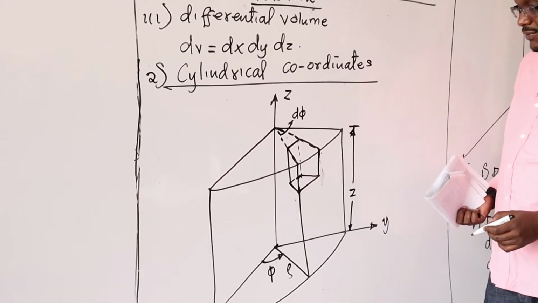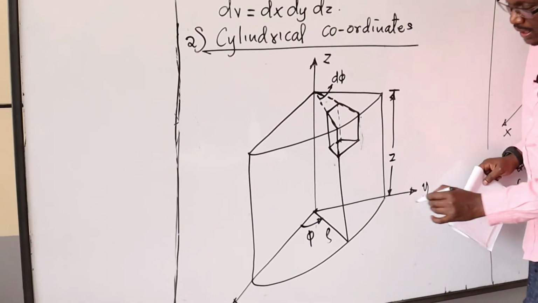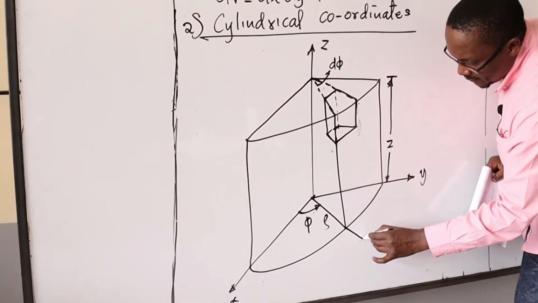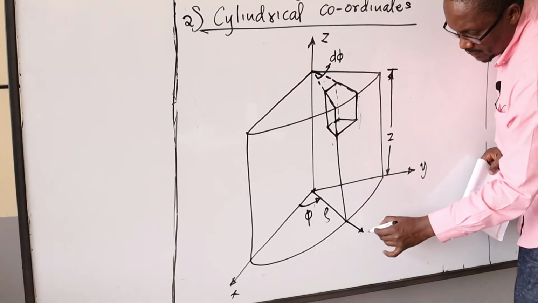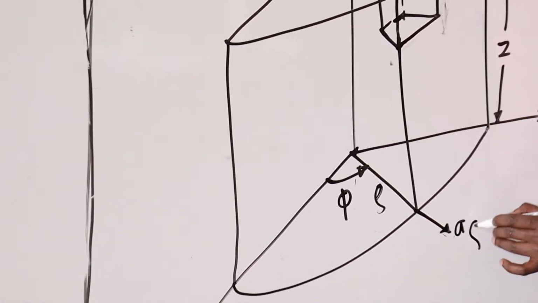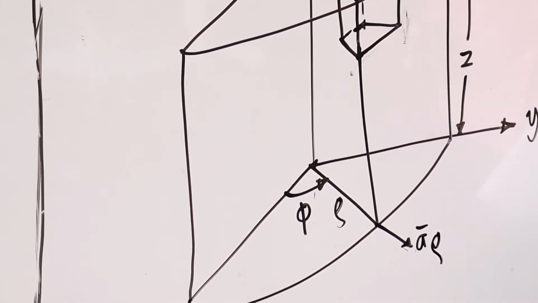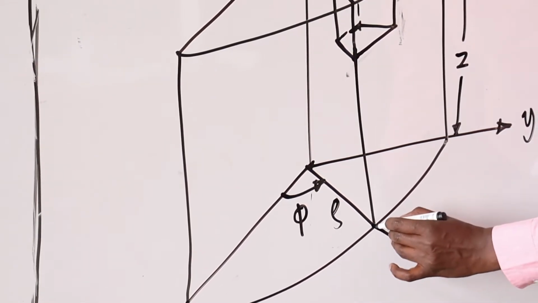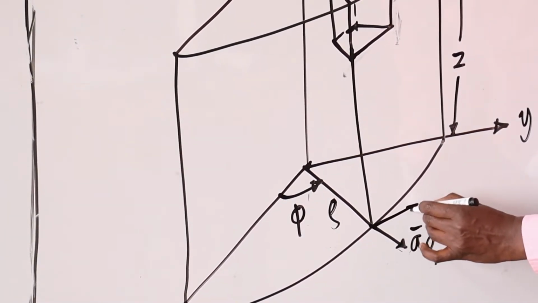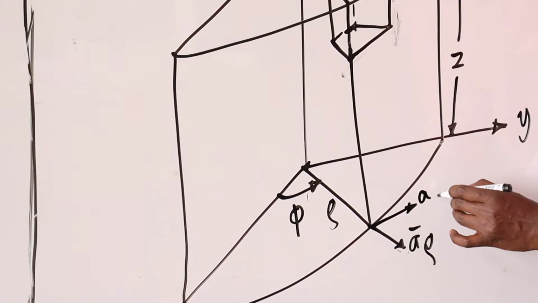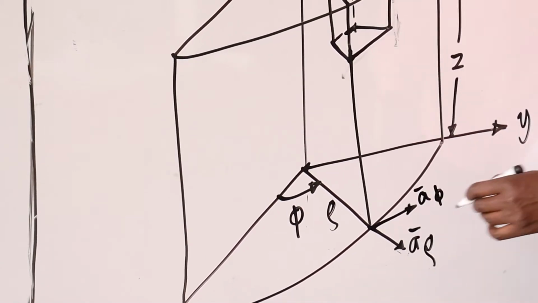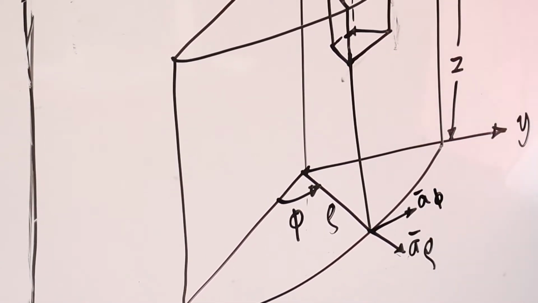Again, very important to note that we have a unit vector in this particular direction, along the rho axis, that will be a rho bar. Along the curve here, this will be a phi bar. And the height, which is our z-axis.